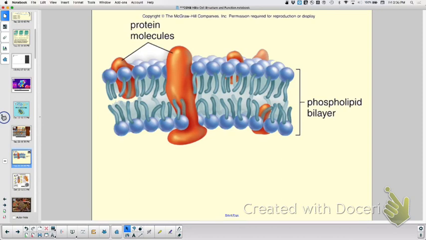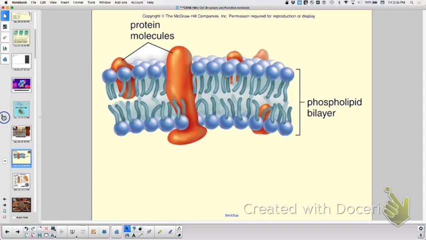In and out. Now we have already started in chapter 4 talking about how things can cross a cell membrane, right? What are the ways things can cross a cell membrane? It can go through the phospholipid bilayer, but not if you're large or charged. You can use a channel or a carrier, and you can do endocytosis and exocytosis.